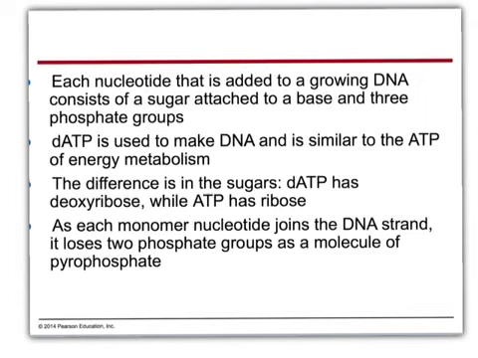Each nucleotide that's added is added to a free 3' end. So every time we add a nucleotide, we add it to the free 3' hydroxy group, the OH, and we're going to add it to the 5' end of the sugar.